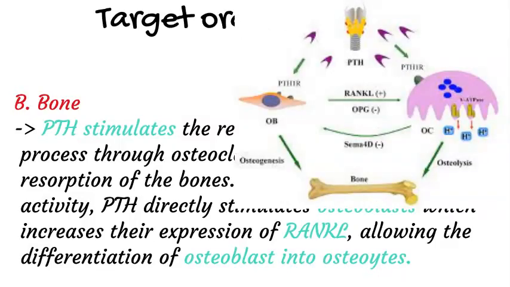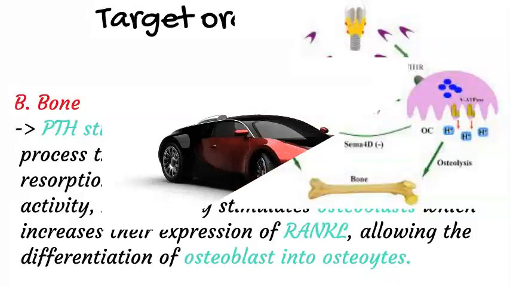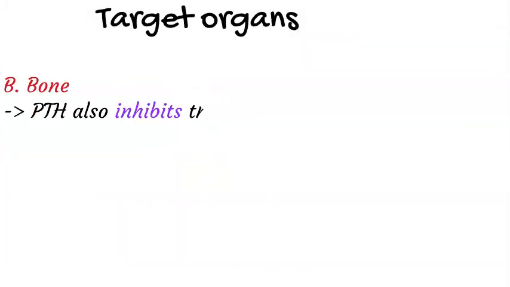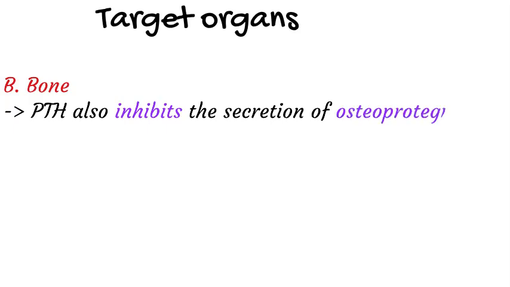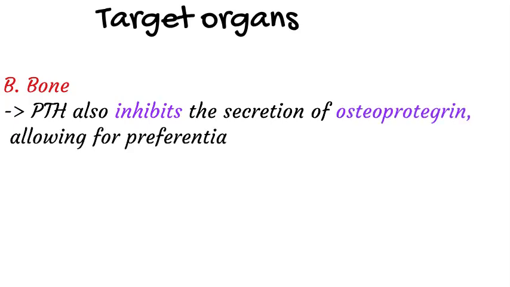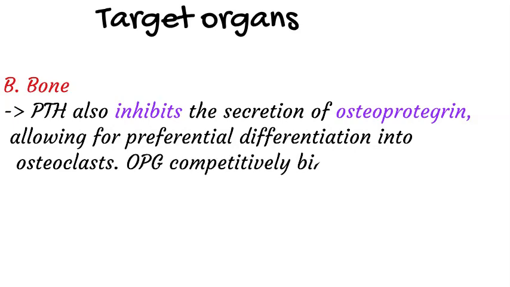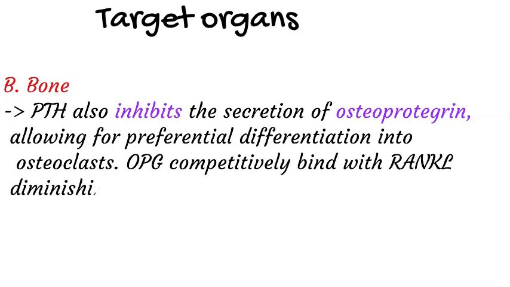This picture shows the action of parathyroid hormone on the osteoblasts and osteocytes for the calcium regulation process. Parathyroid hormone also inhibits the secretion of osteoprotegerin (OPG), allowing for preferential differentiation into osteoclasts.